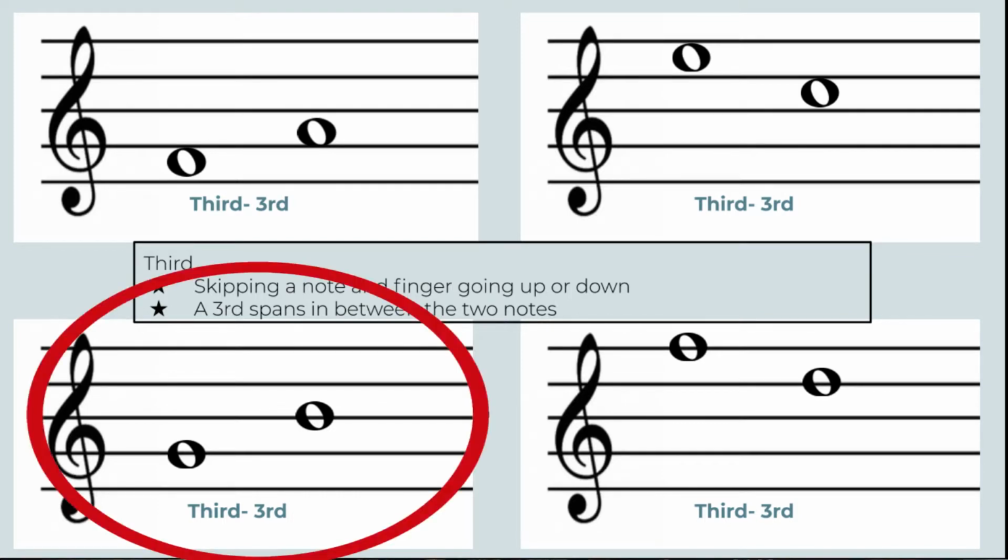Let's take the third example that I gave you and try that out. So in the third example, there is the note G, and it's going to the note B. From G to B, there is a 3-letter span, G, A, B, which is an indication of a third interval.